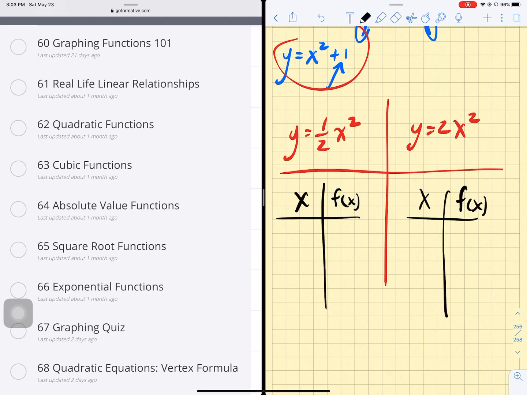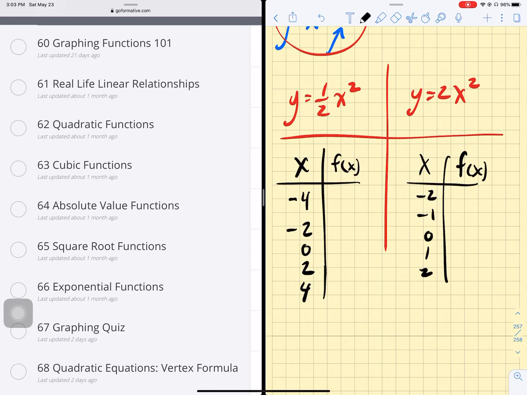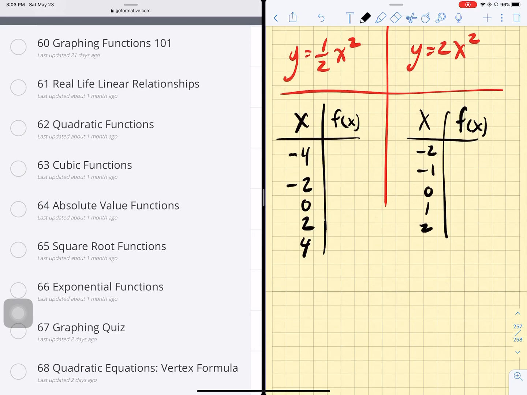So anyway, let's see, I'll do -4, -2, 0, 2, and 4. And then over here I'll do -2, -1, 0, 1, and 2. And all you're doing, again, you're going to square it first, then cut it in half for this one.